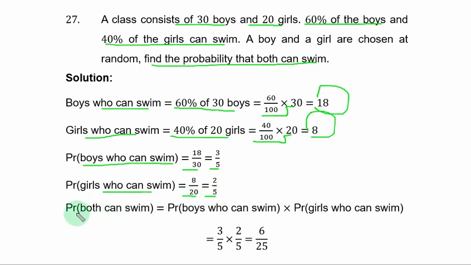Now probability both can swim. Both indicates multiplication rule. So you have probability of boys who can swim times probability of girls who can swim. That is 3 over 5 times 2 over 5, and that is 6 over 25.